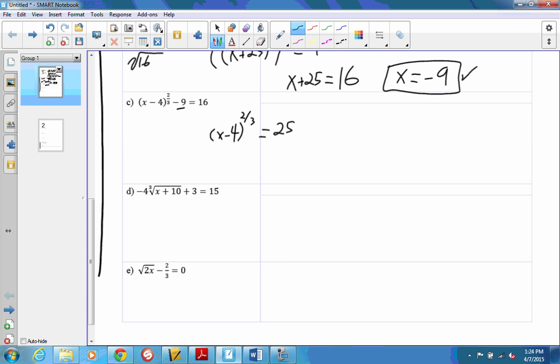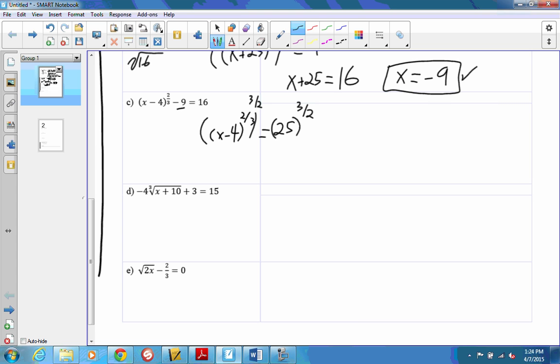Cube would work because if I multiply this by 3, I would get 6/3, which I can change to square, so I would essentially be squaring both sides. Or how can I make this 2/3 just become a 1? Reciprocal. So if I raise each side to the reciprocal, I'm going to raise this to the 3/2 power and this to the 3/2 power.